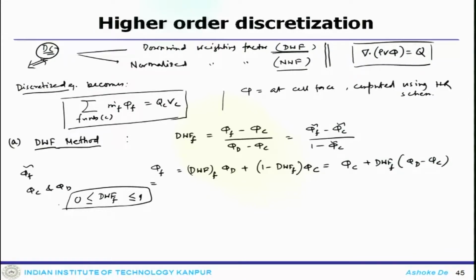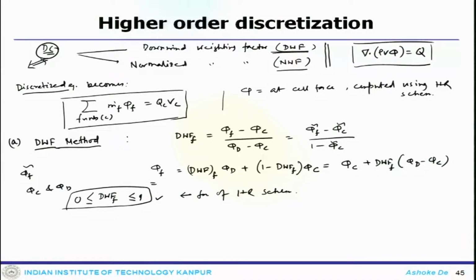Now, instead of computing the DWF explicitly, which uses the computed value of phi f, the DWF factor can be expressed directly from the functional relationship of the HR scheme.